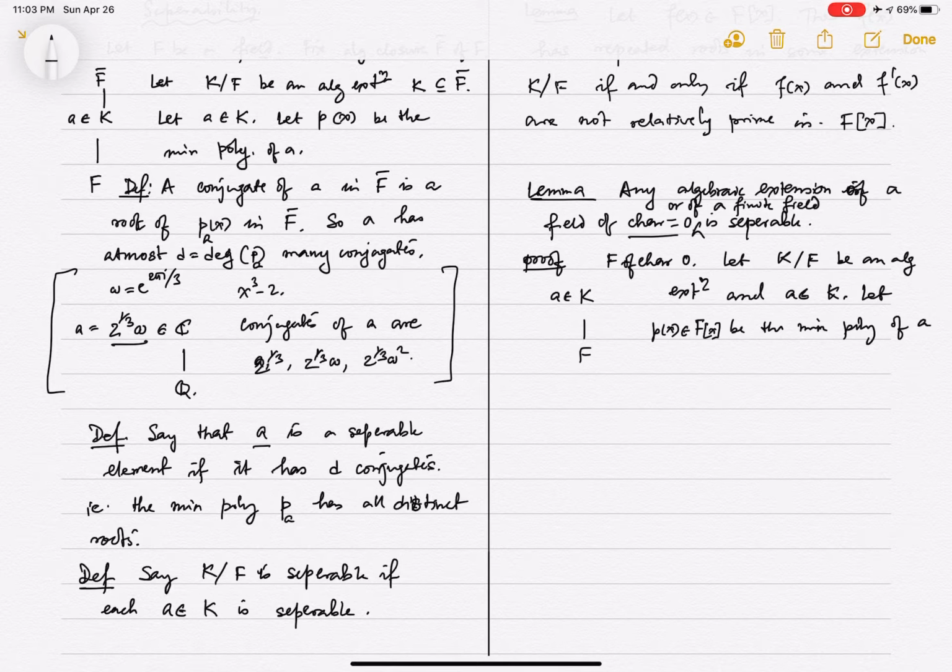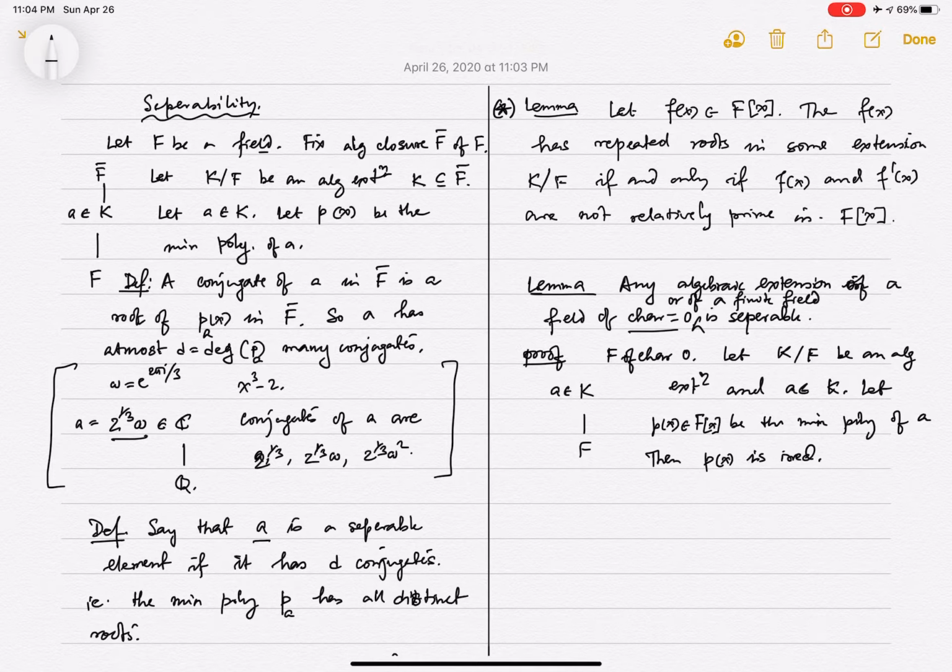Now we are trying to say that this polynomial has all distinct roots. But we have this lemma we just proved while looking at finite fields, which I have quoted up here, that a polynomial has repeated roots in some extension if and only if there is a common factor between the polynomial and its derivative.